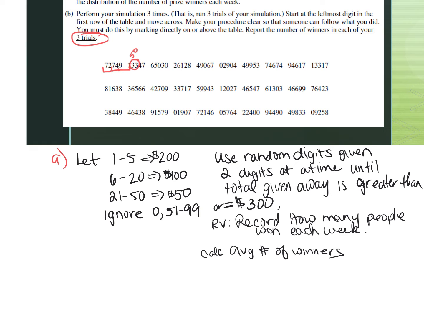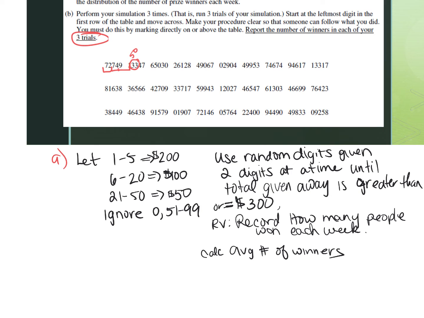So I can't stop at 250, right? If I have like 3 winners and they have $250 given away, and my next winner is $200, they still get their $200. I'm not going to say, oh, well, I'm not to the $300 mark. You only get 50. They won $200, and the total given away was more than 300, right?